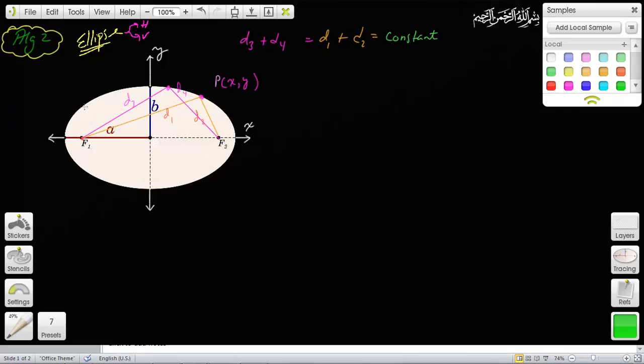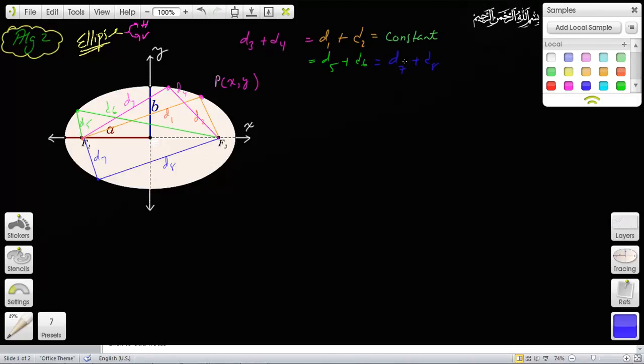And let's pick another point over here, with distances D5 and D6, so that's going to equal D5 plus D6. And just for the heck of it, let's pick another point on this side of the ellipse. This distance plus this distance is the same. D7 and D8, so this is also going to equal D7 plus D8.